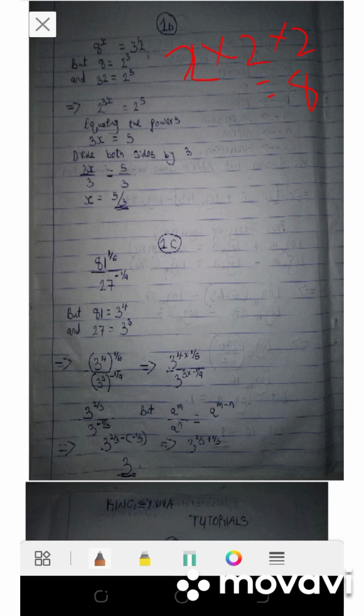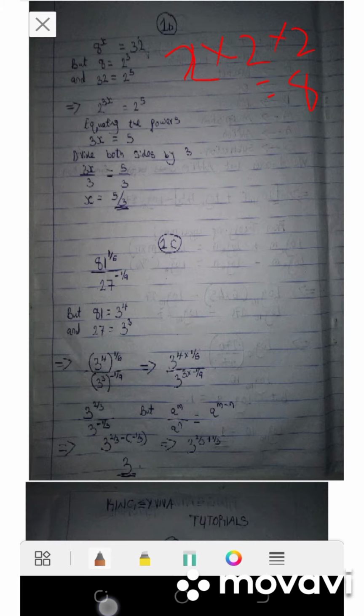Because 2 times 2 is 4 and 4 times 2 is 8. Now 32 is equal to 2 raised to the power of 5, because 2 times 2 times 2 times 2 times 2 is equal to 32.